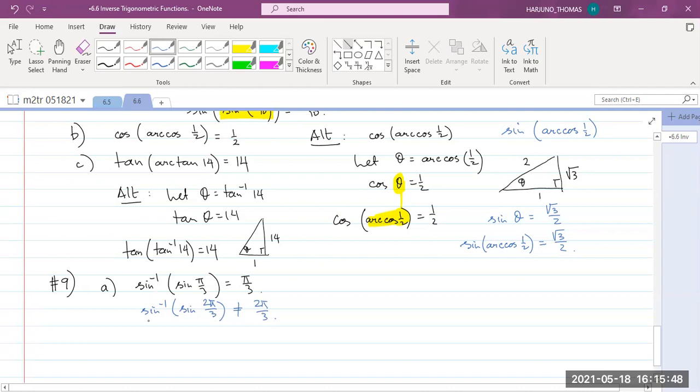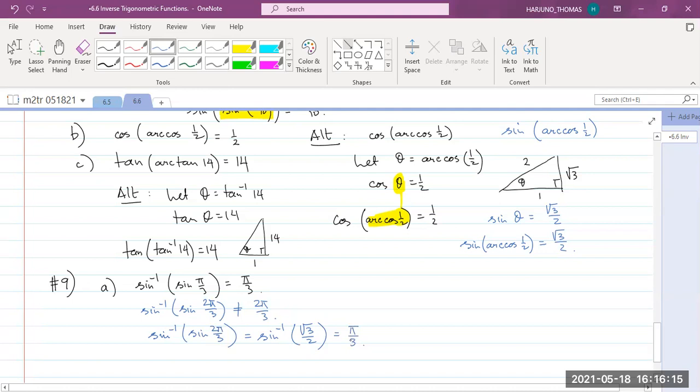Why? Sine inverse of sine 2 pi over 3 is equal to sine inverse of radical 3 over 2, right? Sine 2 pi over 3 is radical 3 over 2. But sine inverse of a positive number must be in quadrant 1.